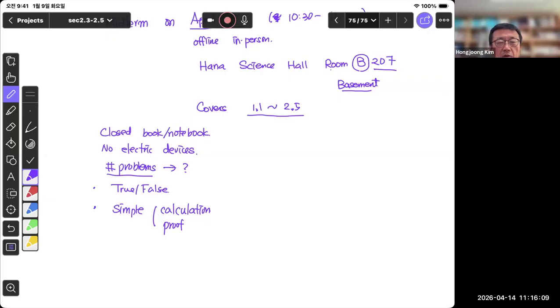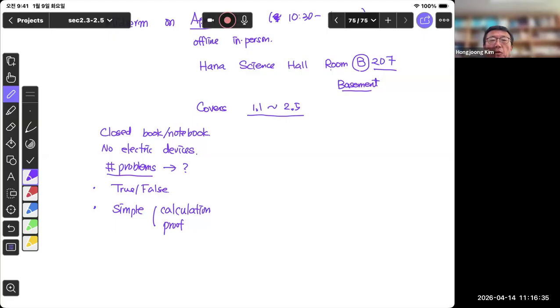I may give you some statement and ask you to verify that the statement is correct. For that, usually 4 to 5 lines of statements will be sufficient.